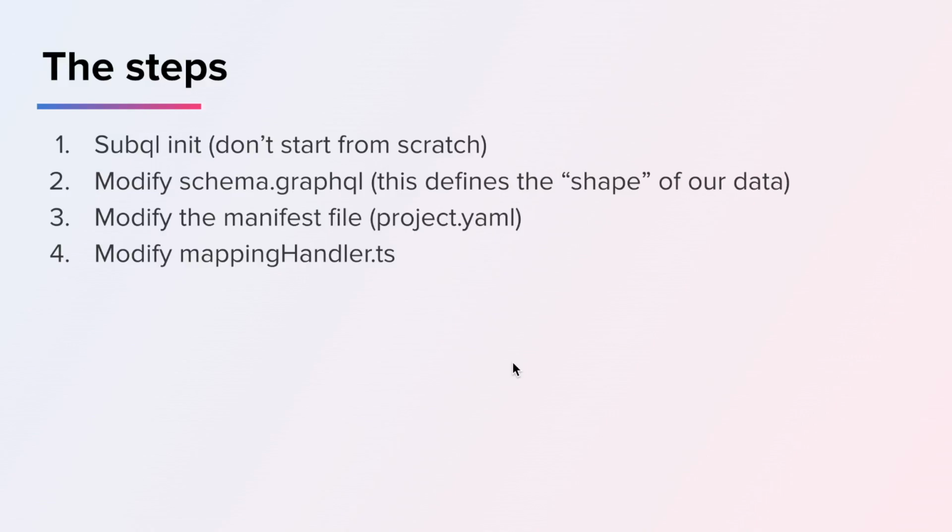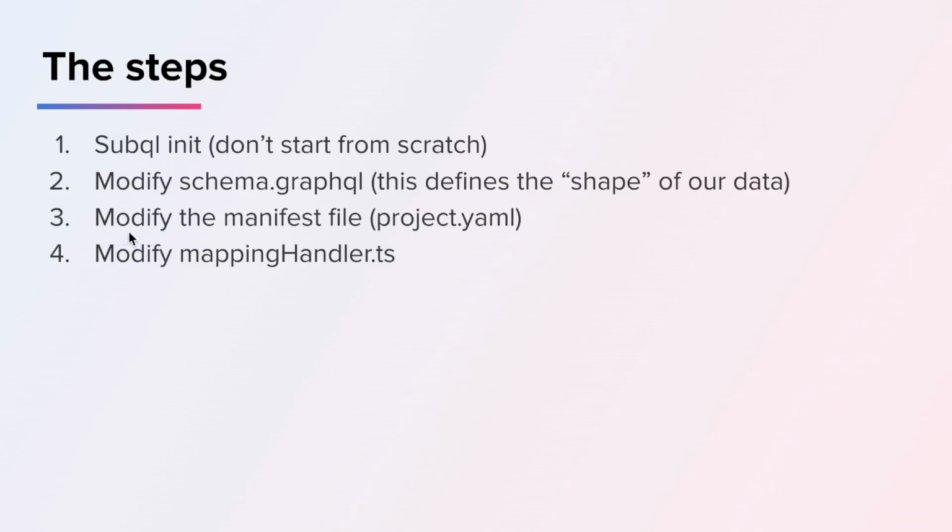So the steps involved, you can see on screen here, the very first one is to run the subql init command, because you don't want to start from scratch. What this does is it builds a template or a scaffold of the project for you, pre-populated with files and folders that you modify. Speaking of modification, the first file is the schema.graphql file that defines the shape or the type of information you want to extract.